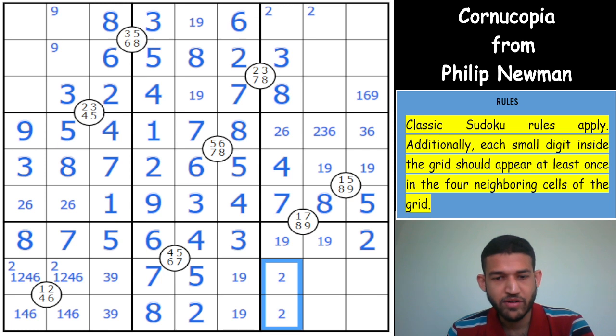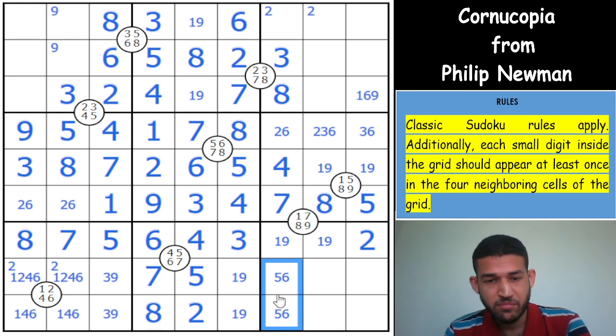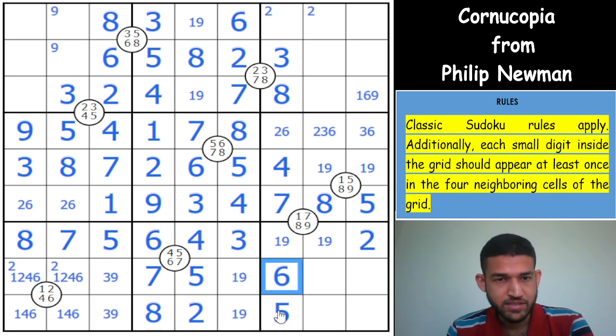This becomes a 2 5 6 area, but 2 can't be here, so that's a 5 6. Reason is you can't have 1 2 9 here, and you can't have 3 4 7 8 in this area. So this area has only 2 digits, can be 5 and 6. It's a 5, that's a 6.